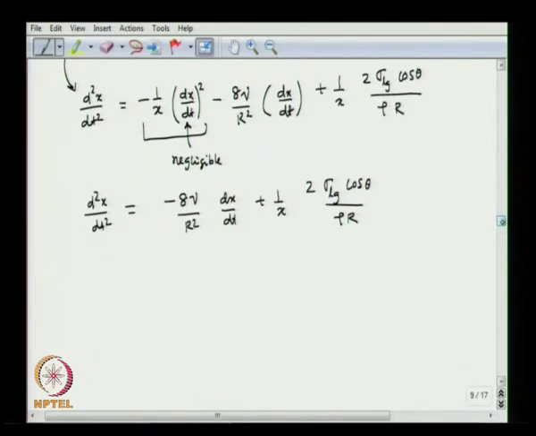Now, we can write the initial conditions. The initial conditions are x at t equal to 0 is going to be 0, and dx over dt at t equal to 0 is going to be 0.